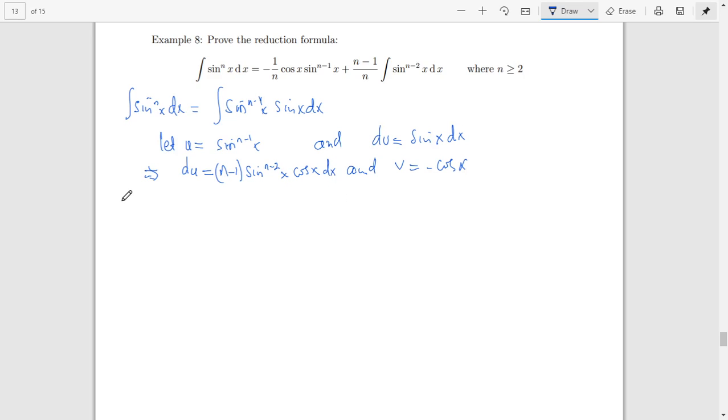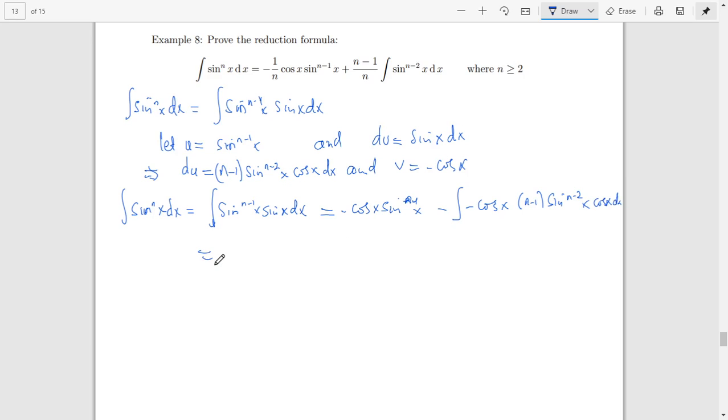Now, by integration by parts, my integral of sine to the power of n x dx, which I split up to be the integral of sine to the power of n minus 1 x times sine x dx, would be equal to uv, which is negative cosine of x times sine to the power of n minus 1 x, then minus the integral of v, which is negative cosine of x, and my du is n minus 1 sine to the power of n minus 2 x cosine of x dx.